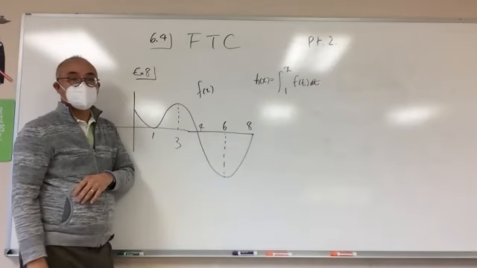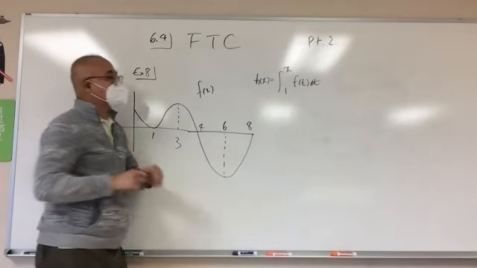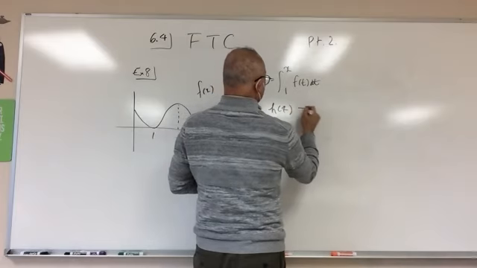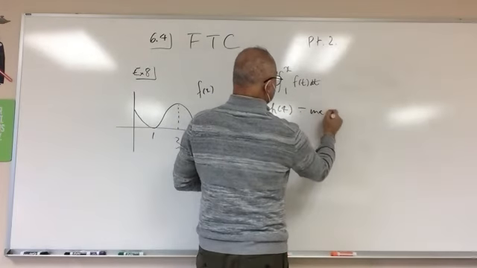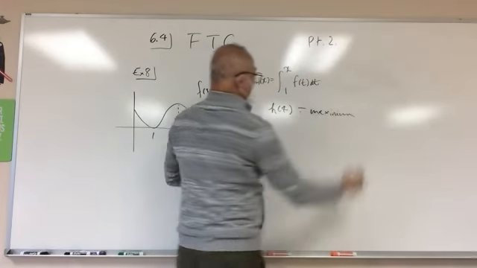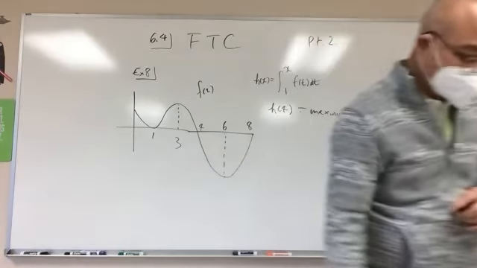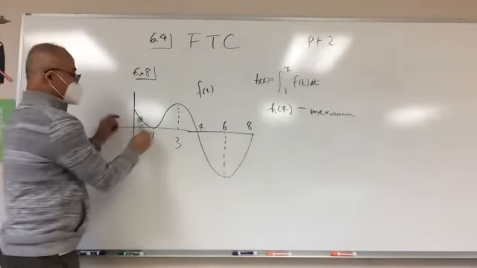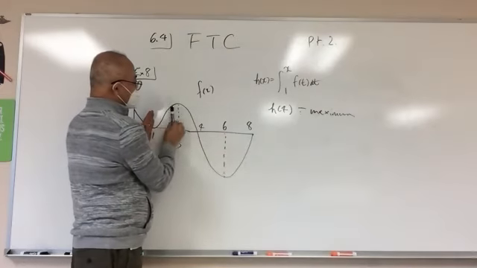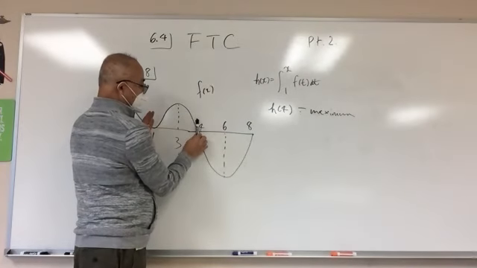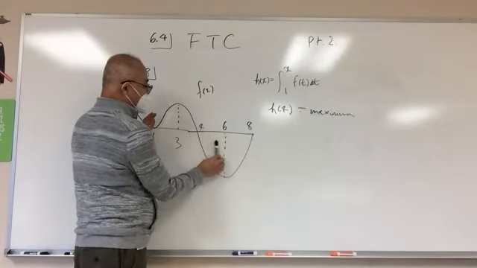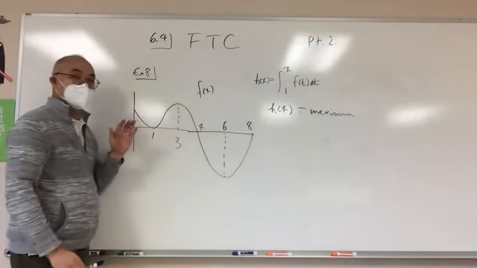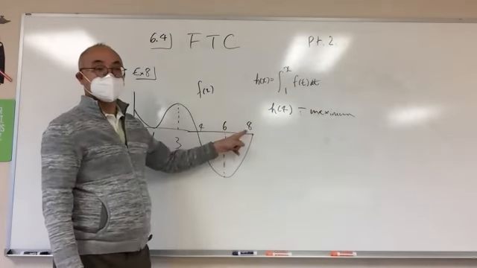When x is equal to 4, right? So h of 4 is going to be my maximum, right? What about the minimum? It's going to go all the way to the maximum, then continue to add negative stuff until I get to here, right? So h of 8 would be my minimum, right?